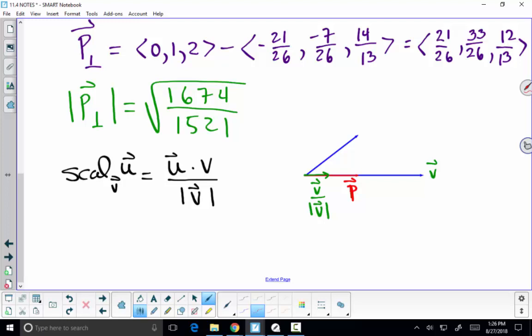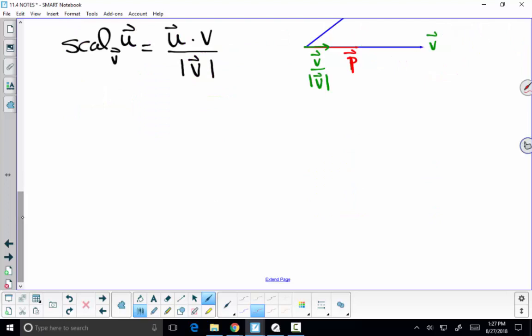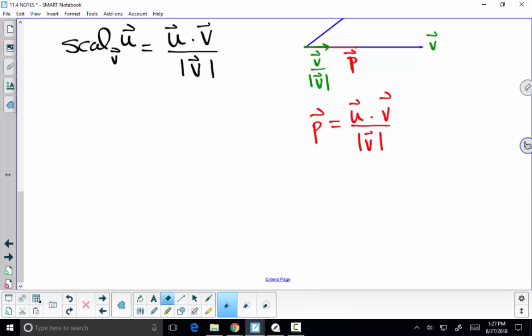And so what we ended up with was the following formula originally. We said that p was equal to u dot v divided by the length of v, times v.